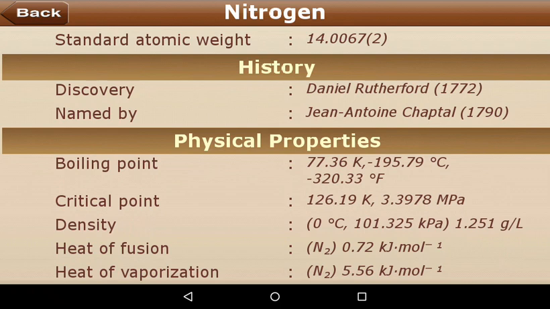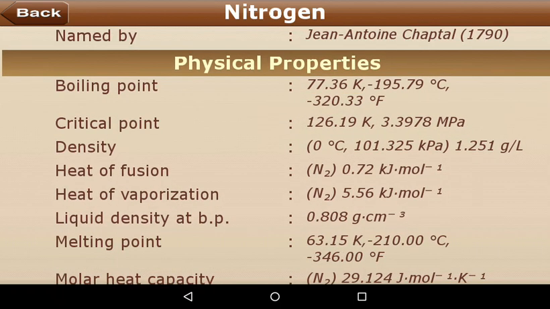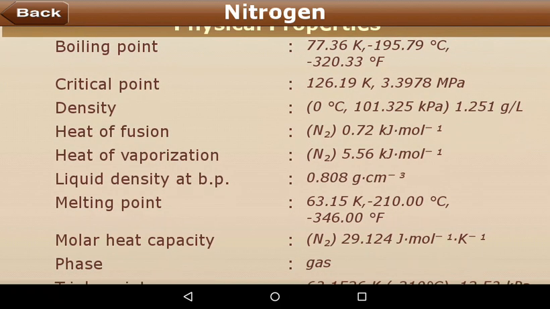It has physical properties: a boiling point of 77.36 Kelvin. When converted to degrees Celsius, it gives us 19.579 degrees Celsius. It has a critical point of 126.19 Kelvin. It has a density at 0 degrees, 101.326 kilopascal.